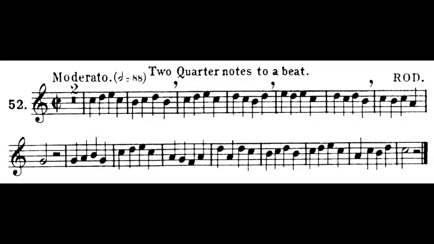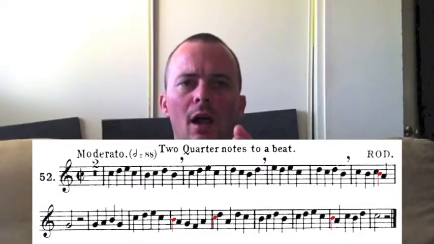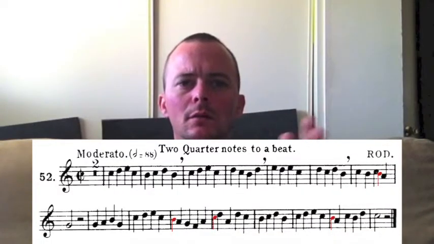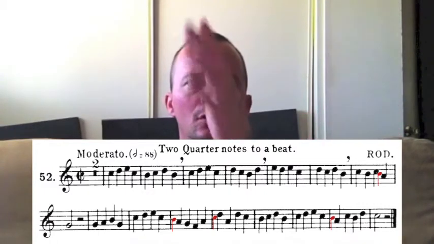So this one actually starts with 2 measures of rest. We'll go ahead and do that and come in on the third measure in the same way. Let's put some grace notes into this one. Just a couple of them in there. Alright, so 2 empty measures and we come in on do, 1, 2, 1, 2.